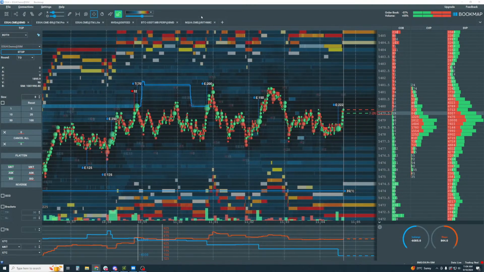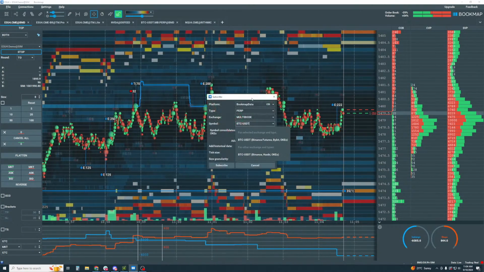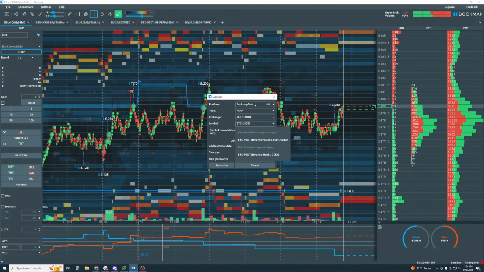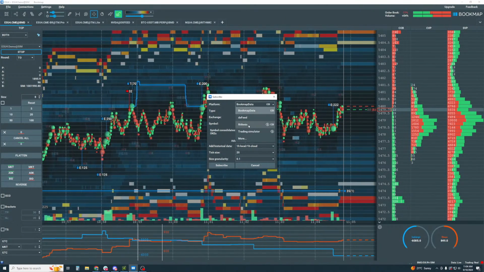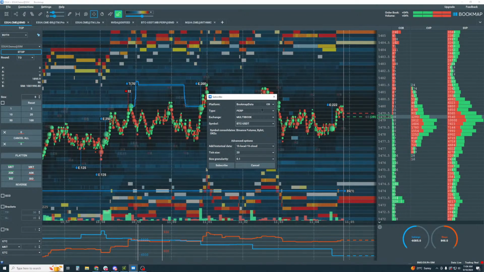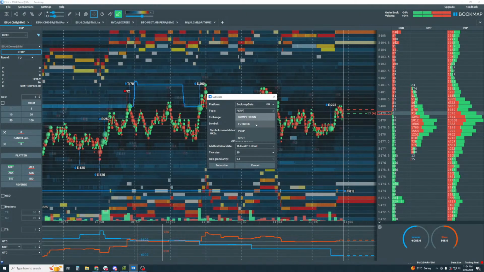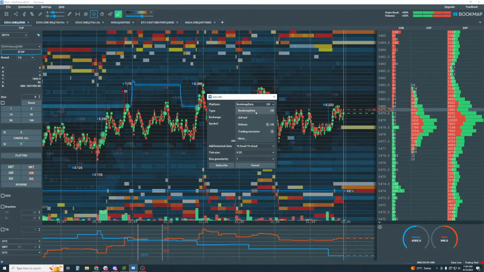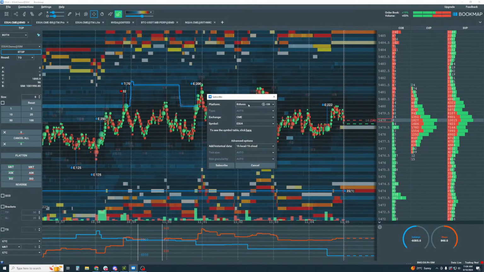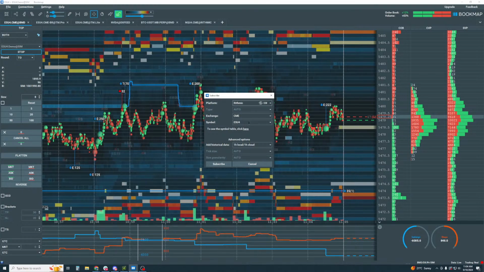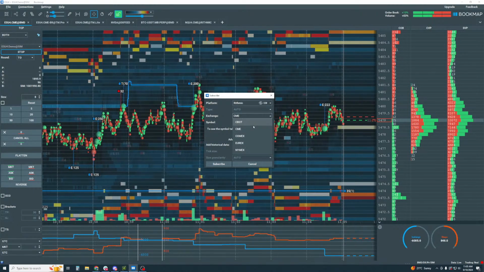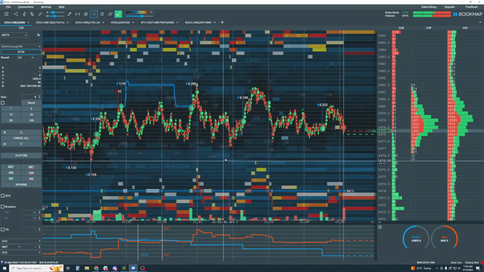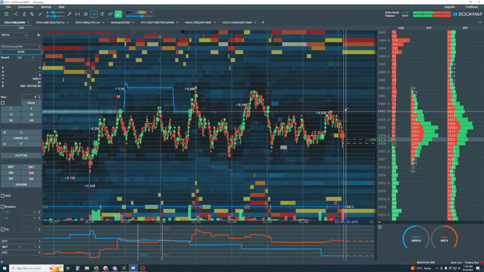There are many others as well. So we can add gold in here. I'll just go with Bookmap data. Actually, I think I need to go with this one. Try Bookmap data. No, only CME at the moment. So I'm sorry, Bookmap data, no at the moment, but absolutely with Rithmic.